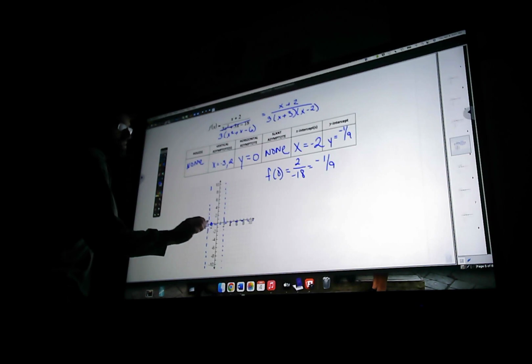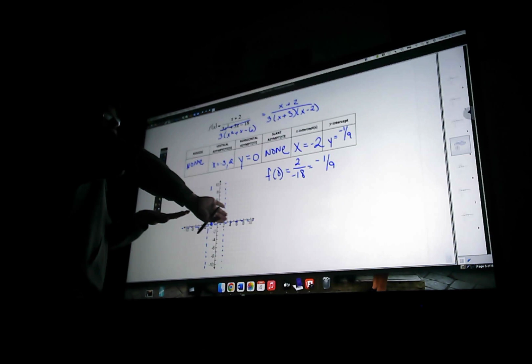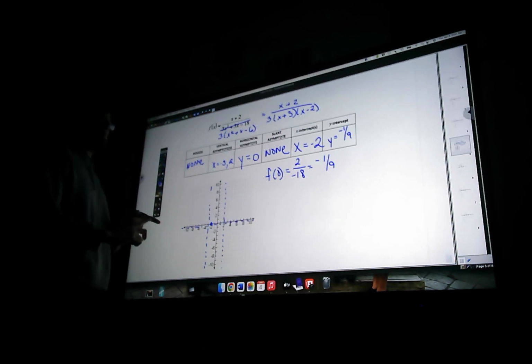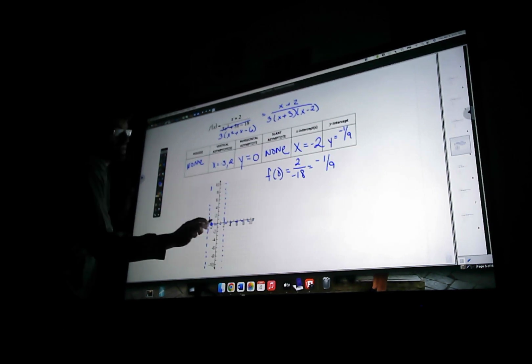Now, we always think of asymptotes as not being able to pass, or functions not being able to pass through asymptotes. The only thing I'm concerned about with the horizontal asymptotes is the ends, so it's not going to pass through verticals, but it can pass through horizontals, and I'll show you that on this one. Y-intercept of -1/9, right down here.